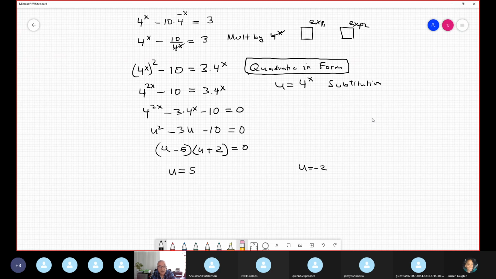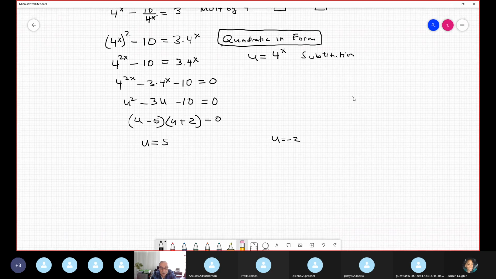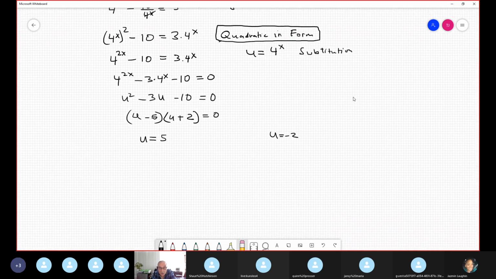Because I need to get the original variable, which is x. No, this is the answer. The u was an intermediate guy. Now I put here that 4 to the x equal 5, and 4 to the x equal minus 2, because I know the relationship connecting u and x is this.